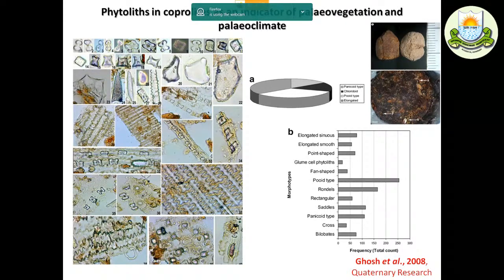That means a cool climatic condition was there at the time of deposition, and we also got short saddle morphotypes in abundance, so it indicates that during the time of deposition it was drier. So a cool, dry climatic condition was inferred from this phytolith study during the time of deposition in Xinjiang province.